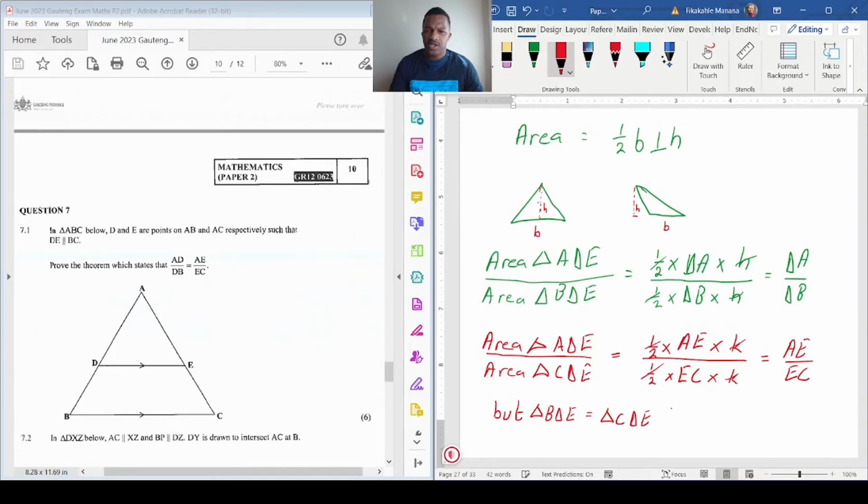The reason is they have the same base, and also the height is basically the same.